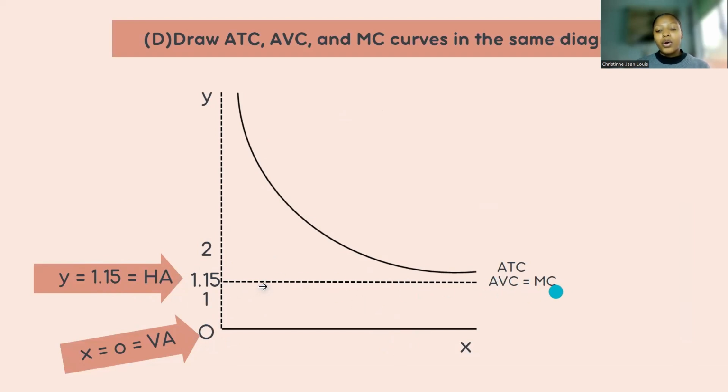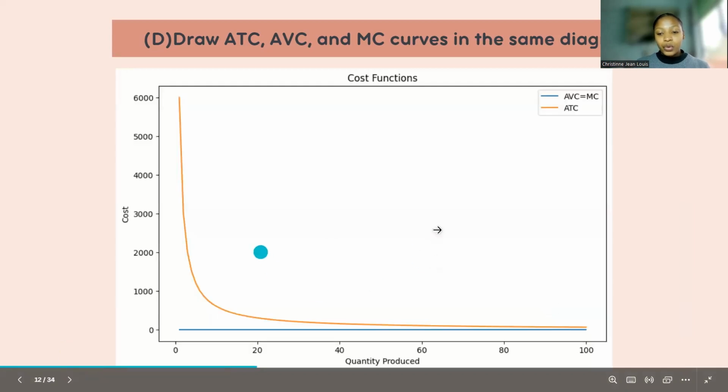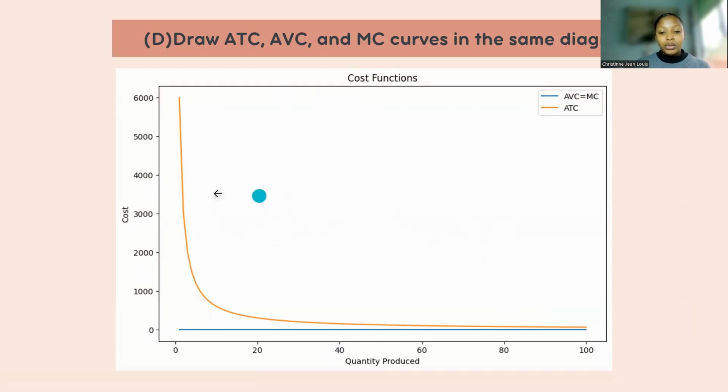Because we found both average variable cost and marginal cost equal to 1.15, we also have them right here. And then right here, we have the average total cost function, which we can see is decreasing as x is increasing. To have a better view, right here we have it better drawn.